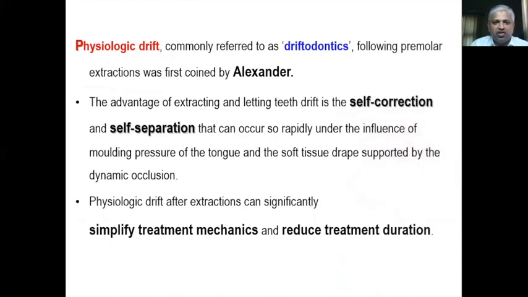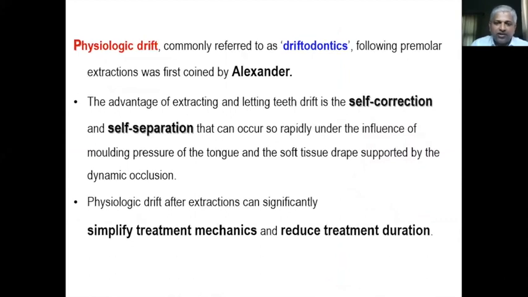Physiological drift, commonly referred to as driftodontics, following premolar extraction was first described by Alexander. The advantage of extracting and letting teeth drift is a self-correction that can occur so rapidly under the influence of molding pressure of the tongue on the soft tissue drape supported by the dynamic occlusion. Physiological drift after extractions can significantly simplify treatment mechanics and reduce treatment duration.